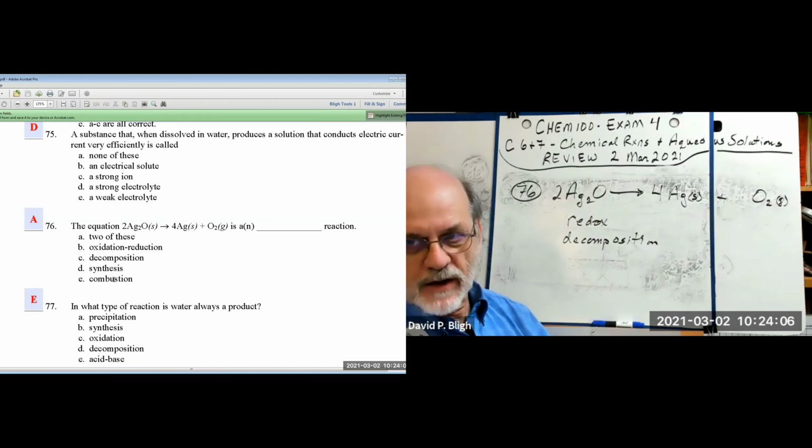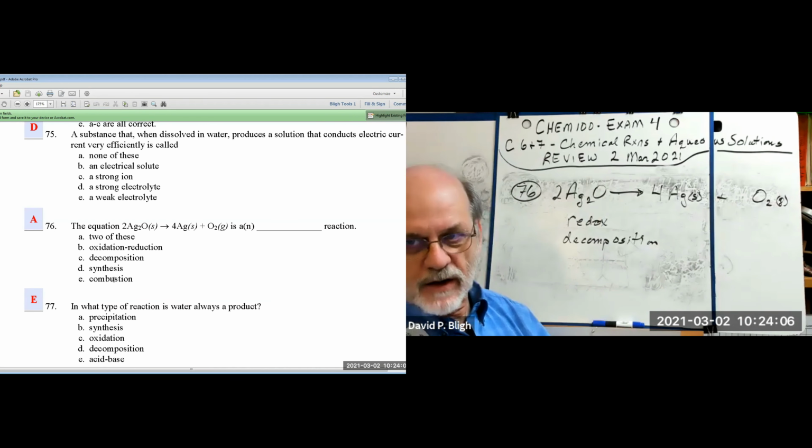Okay, we're going to decompose it in a manner of speaking. We're going to break it down. And it produces this one. No, that one, that's nitrous oxide or dinitrogen monoxide, laughing gas, and water.